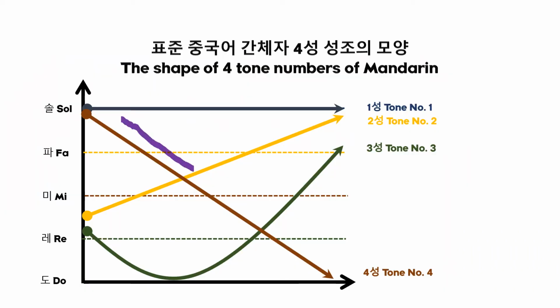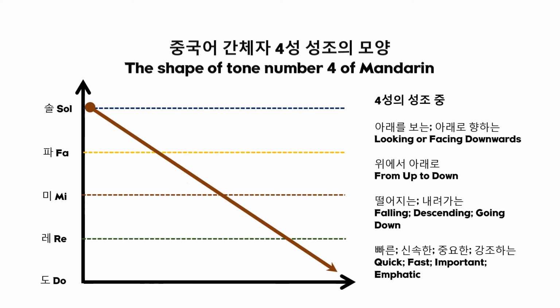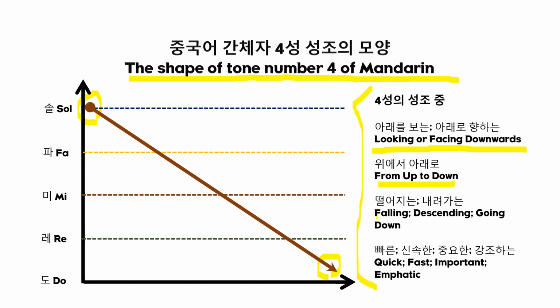We are talking about tone number 4. From the shape of tone number 4 of Mandarin, we can derive four major key concepts. Tone number 4 starts from here and ends here, just like this. So, facing downward from up to down, it's falling, descending, and going down.